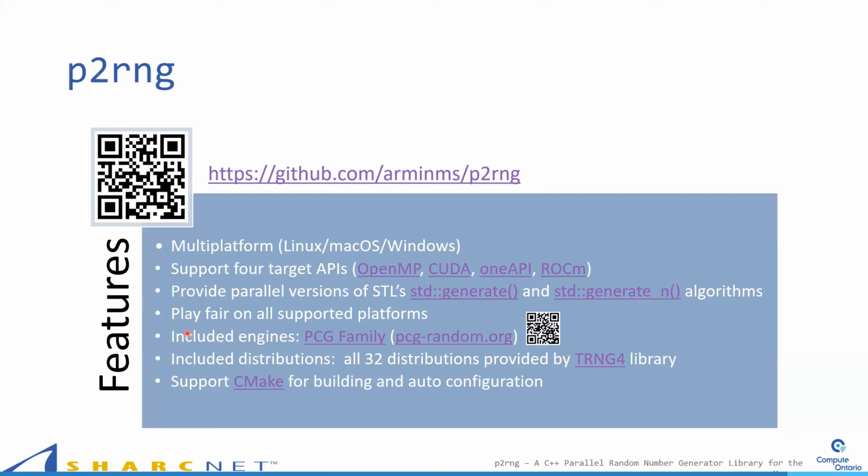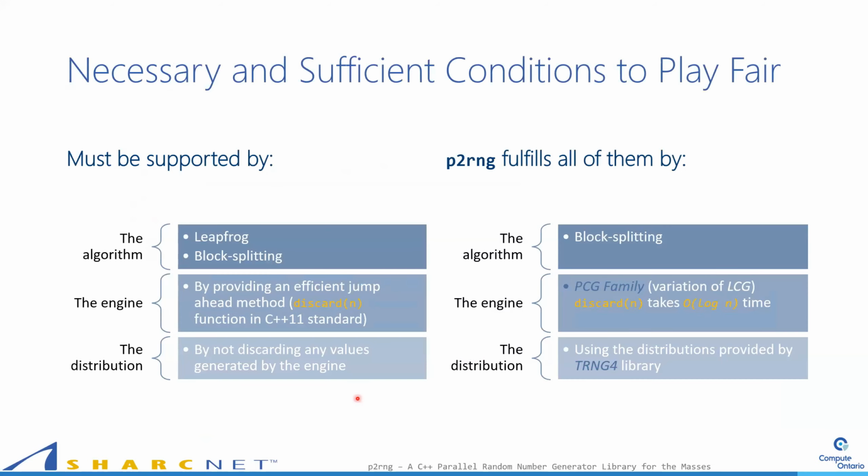The good thing about it is that it plays fair on all supported platforms. No matter whether you are on CUDA, OneAPI, GPU, or CPU, you always get the same sequence of random numbers using the same seed and distribution. The only included engine for now is the p2rng family, but maybe other engines will be added later. It includes 32 distributions provided by the TRNG4 library, which are already compatible with C++11. It also supports CMake for building and auto configuration.